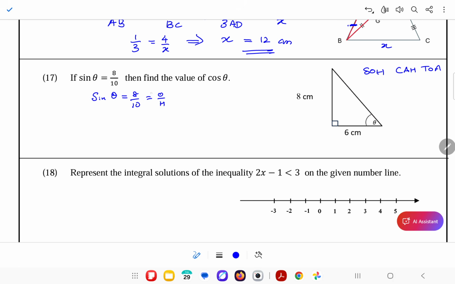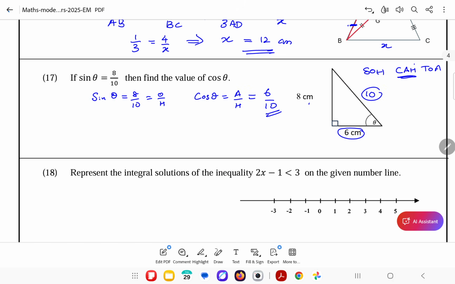Opposite over hypotenuse. Opposite is 8. Hypotenuse is what? Then 10. This you can also verify using the Pythagoras theorem, but we'll use the ratio. Sine is opposite over hypotenuse. What is cos? We want to find cos, no? Cos is adjacent over hypotenuse. Adjacent is what? 6. Hypotenuse is what? 10. So 6 over 10.